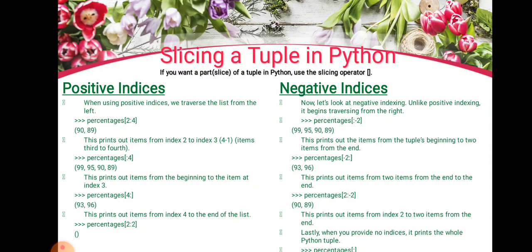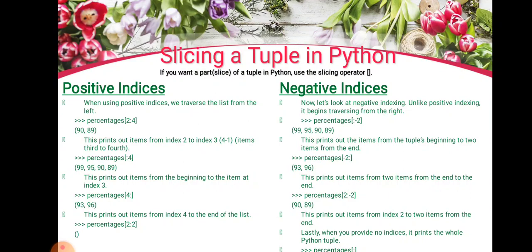So if you want to take part of a tuple in Python, we use a slicing operator, which is enclosed within square brackets and separated by a colon. There are two types of slicing: positive indexing and negative indexing. What is positive indexing?